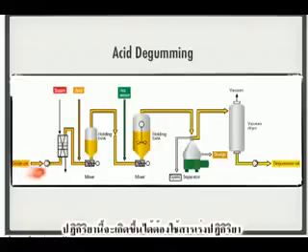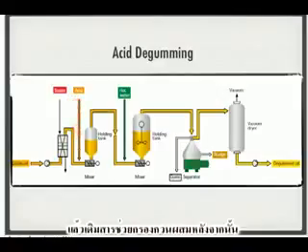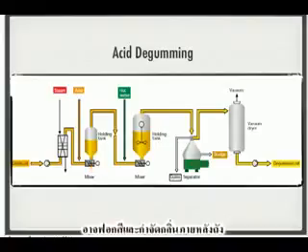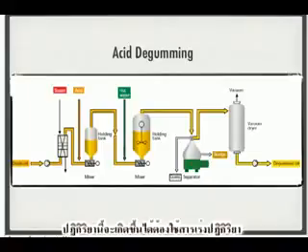So the crude oil will go to the heater, and the acid in the form of phosphoric acid will be added at this point and mixed with the oil, and it will go to the holding tank. In the next step, the hot water will be added to hydrate the hydratable phosphatides in the oil.